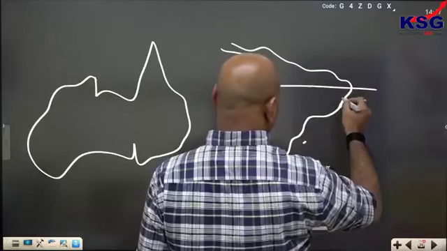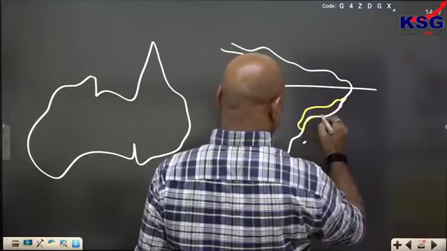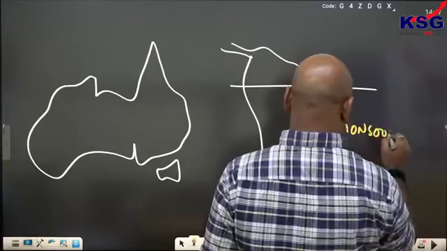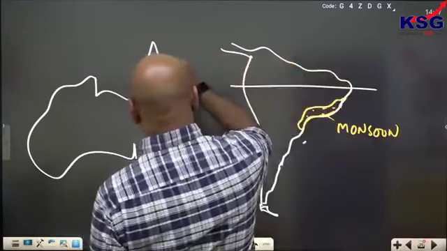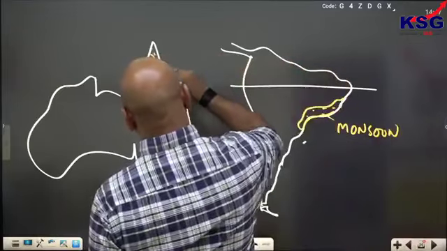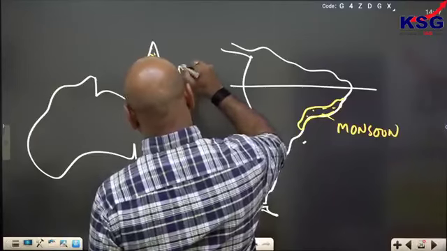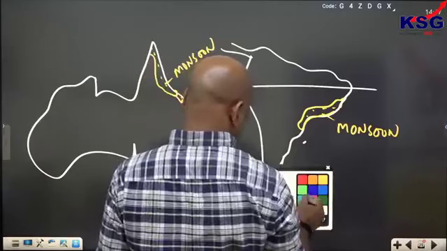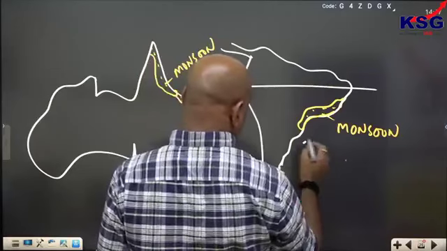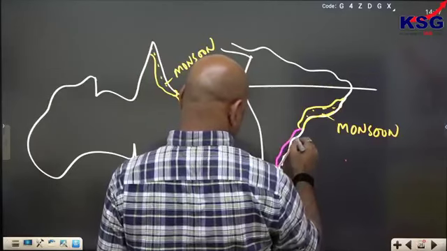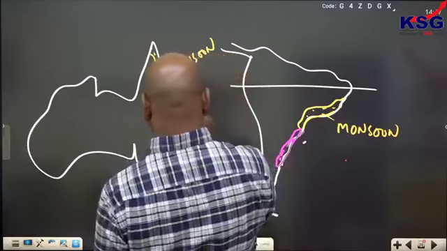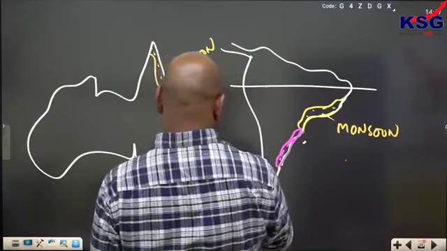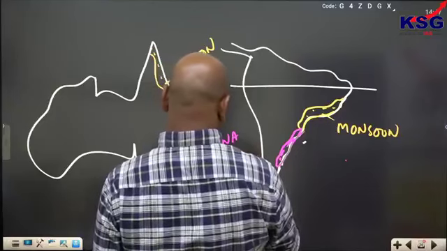You can see here, this is monsoon climate, and the rest of the entire region, this zone here, is China type of climate.